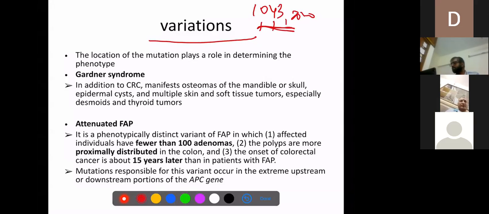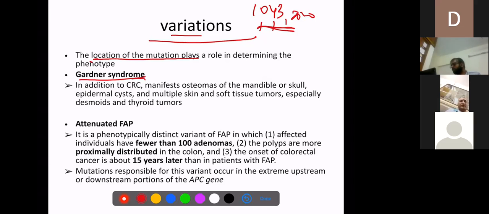Depending upon the locations, the manifestations will differ. For a classic FAP you have a different location, and the variations are due to the location of the mutation at different sites. In Gardner syndrome, the location is different.